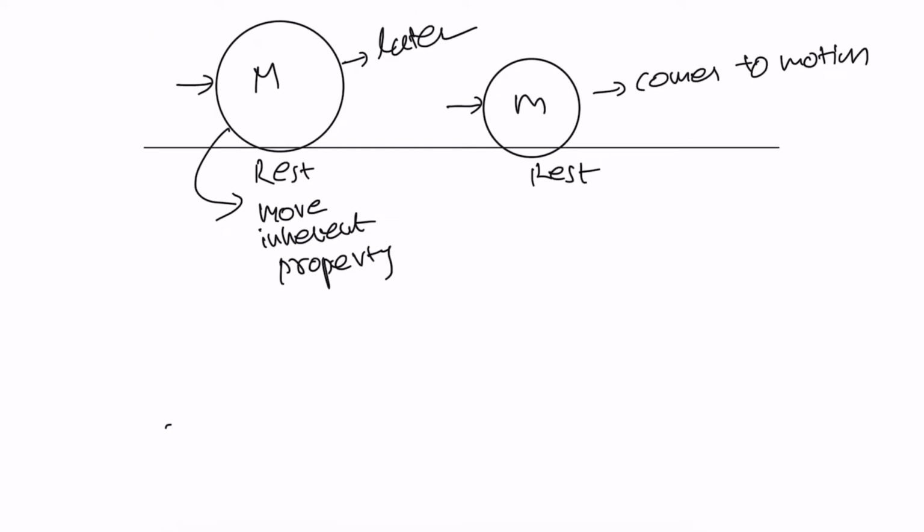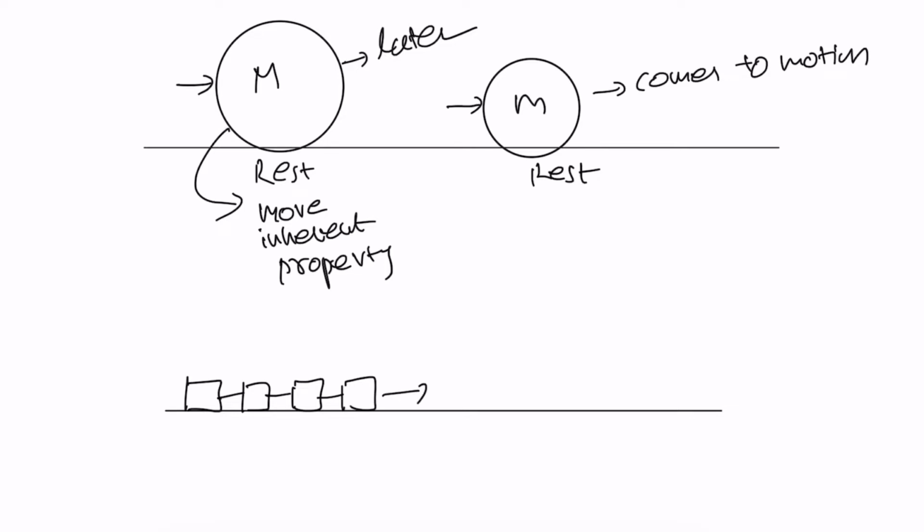We take another example. Suppose a train is moving with uniform motion. The other one is a cycle moving with uniform motion. Suppose both are moving with the same velocity.